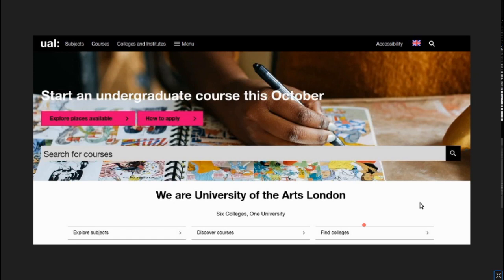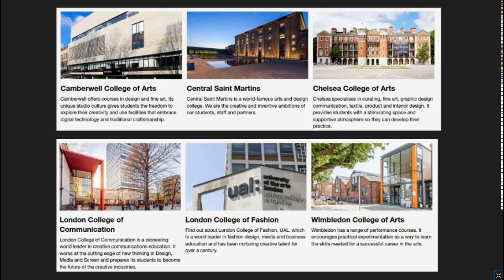And the reason I'm showing this slide here is it's quite a large university, about 20,000 students, 6 colleges, a whole range of different things people are doing, different practices. And just to show where they are, we've got 3 fine art colleges: Camberwell, Chelsea and Wimbledon, and London College of Communication, where things such as photography, advertising, all sorts of great things happen there.